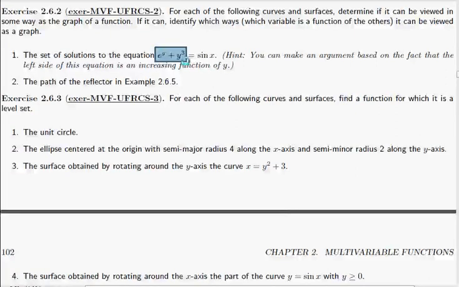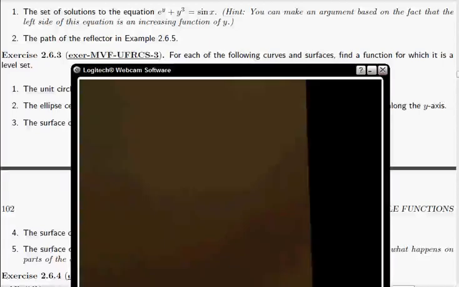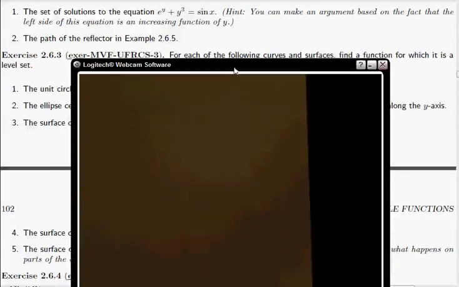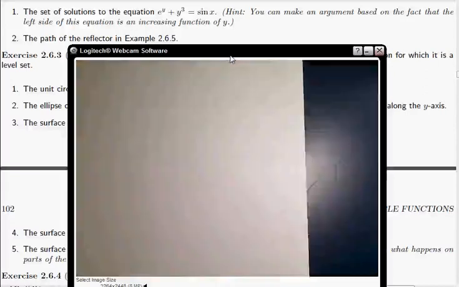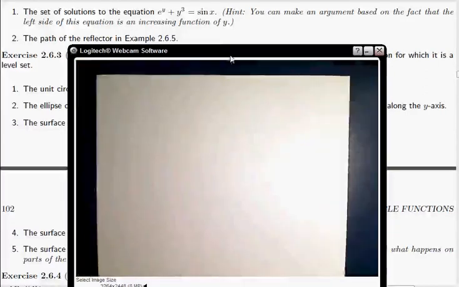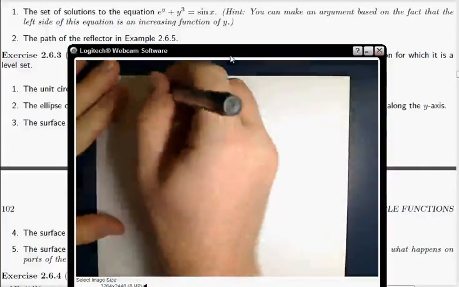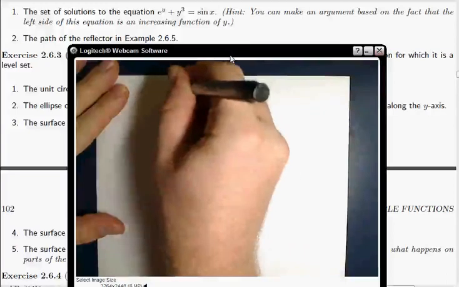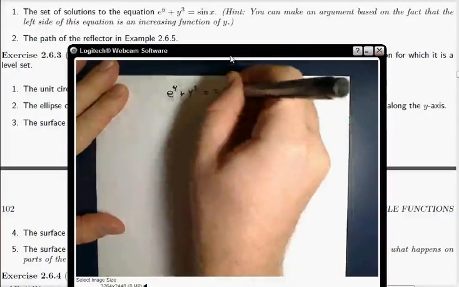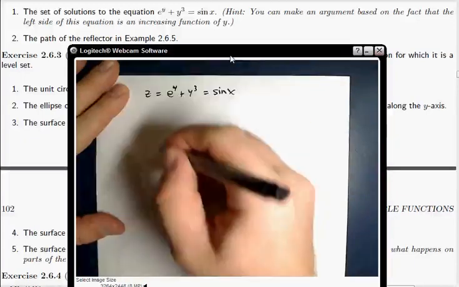And let me draw a picture that describes that. So we have e to the y plus y cubed equals sine x, and this I'm going to call z.